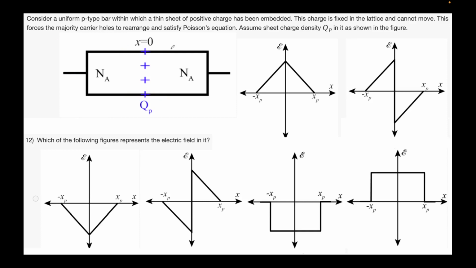Now let's find in which of these options this is true. Remember, first, x1 equals x2, it must be symmetric. And second, E is linear in the depletion region.